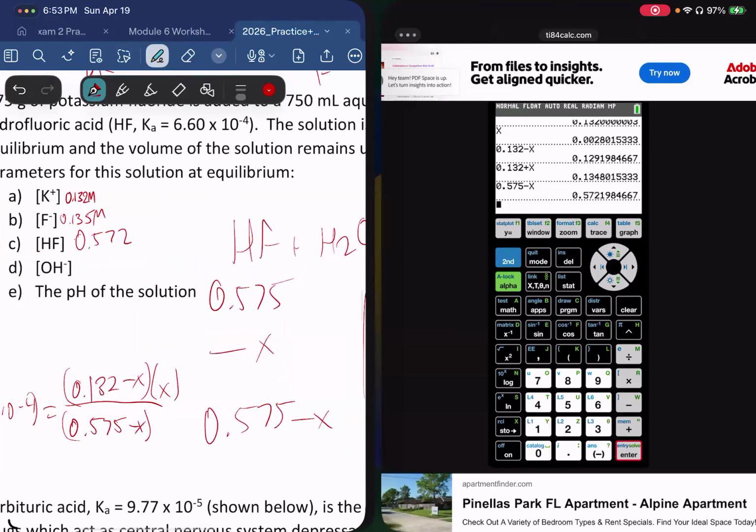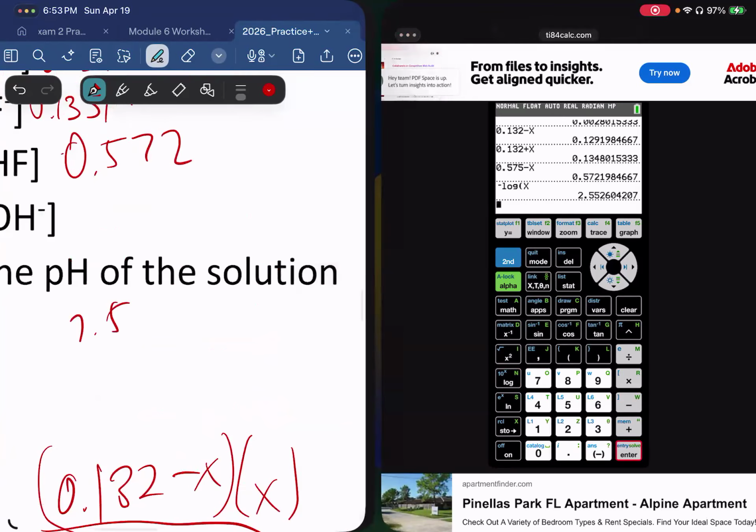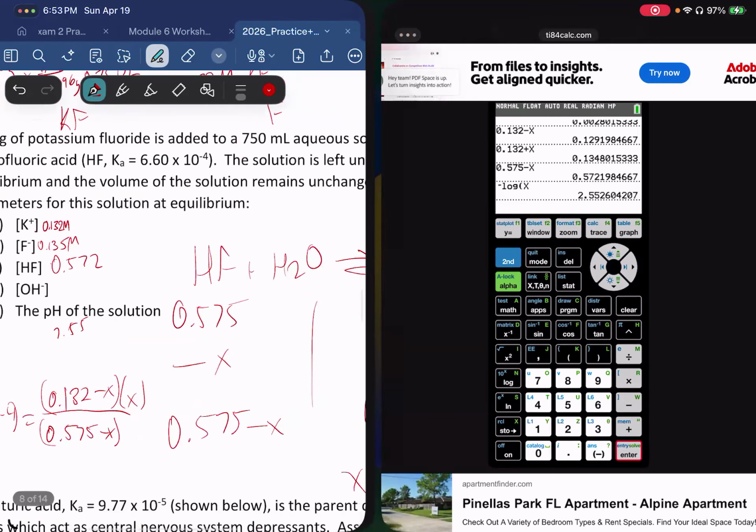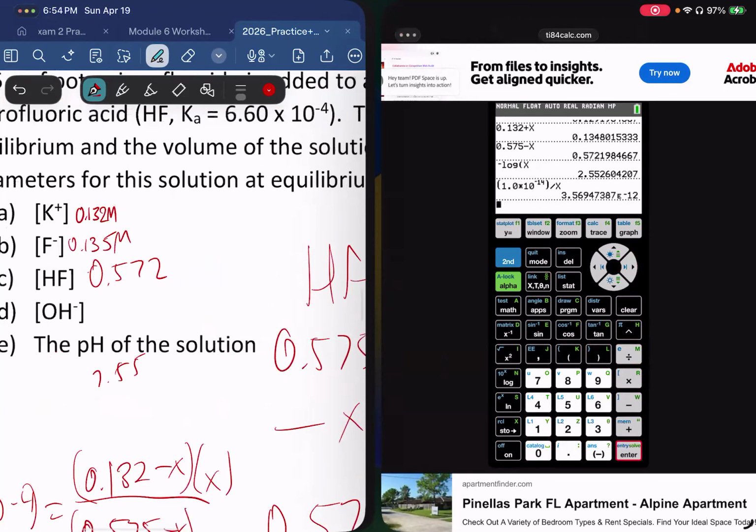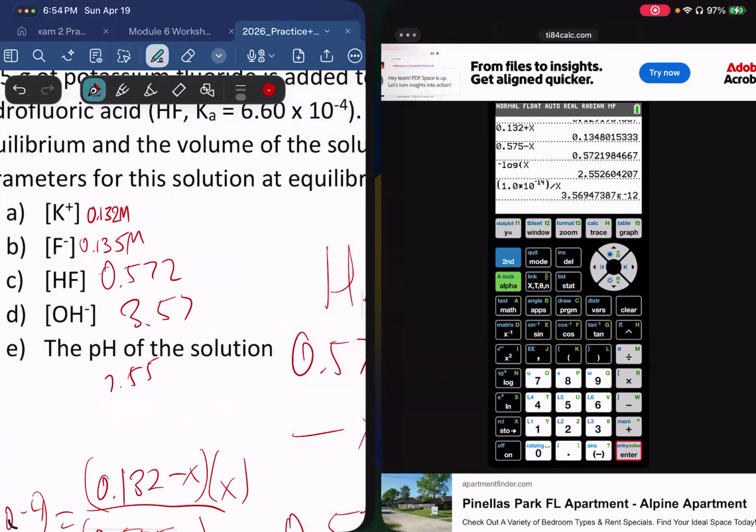The hydronium concentration gives us the pH: negative log of X is 2.55. And the hydroxide concentration is 1.0 times 10 to the negative 14 divided by X, so that's 3.57 times 10 to the negative 12.